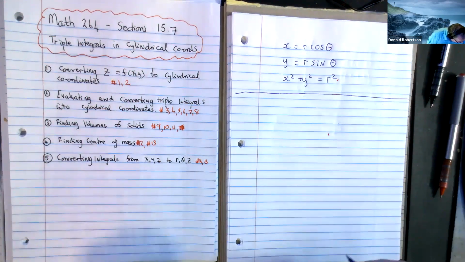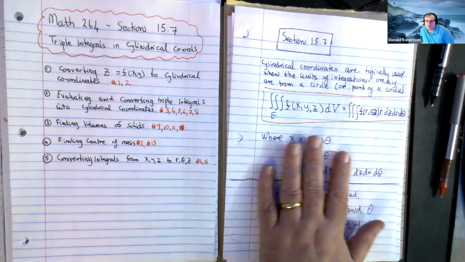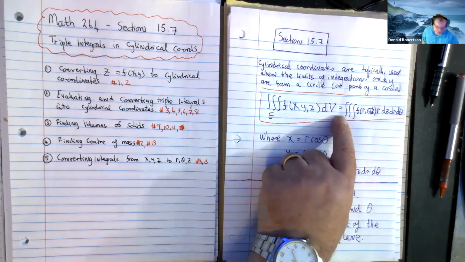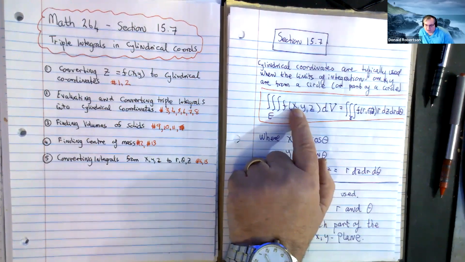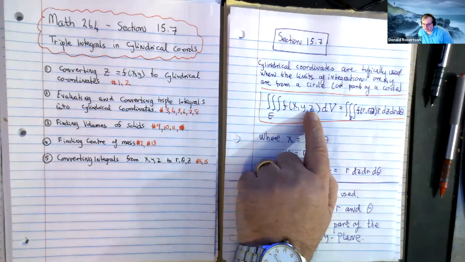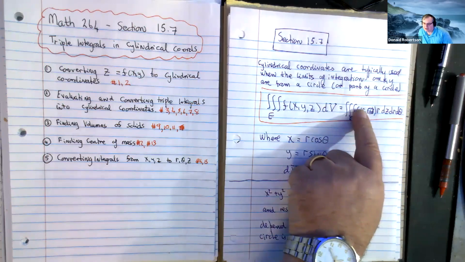So if I want to convert a triple integral using x, y, and z, dV over some region E, then I would just convert the x's into r cos theta, the y's into r sin theta. The z's could stay put as z's, and then I would just integrate them.